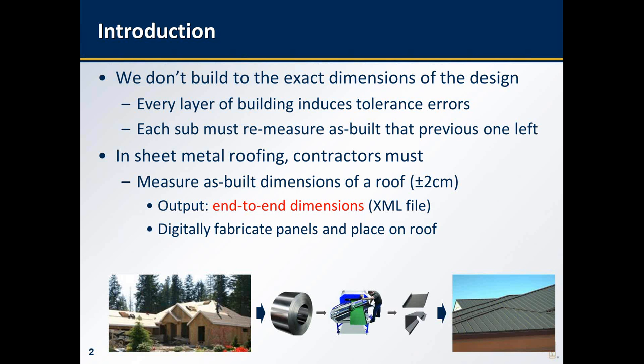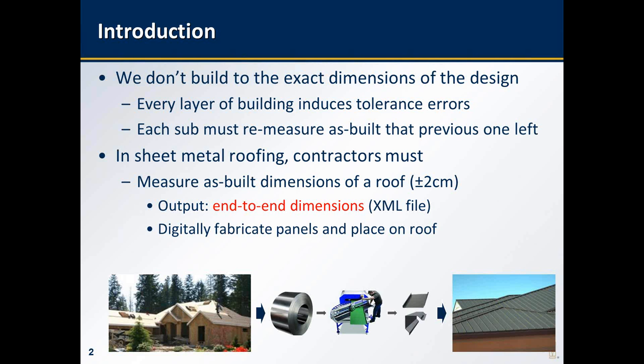These measurements, when acquired, then need to be presented in an XML file format in order to be readable with machinery that is used for digital fabrication of sheet metal roof panels.